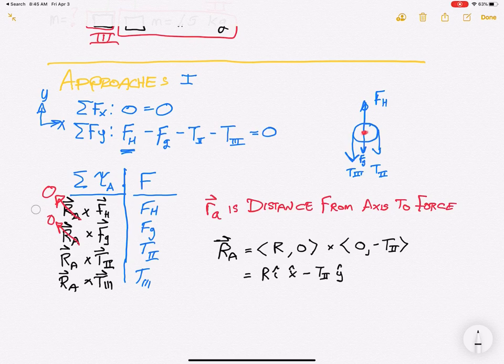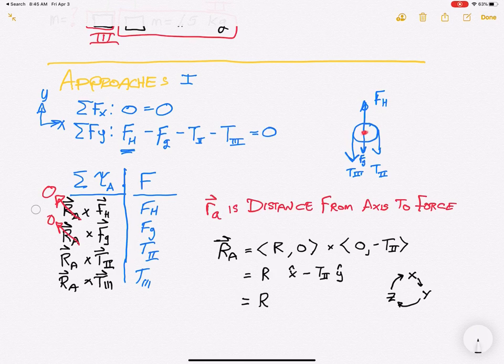We go to our circle to figure out the cross product. So I get R, wait a minute, I can't have them both.